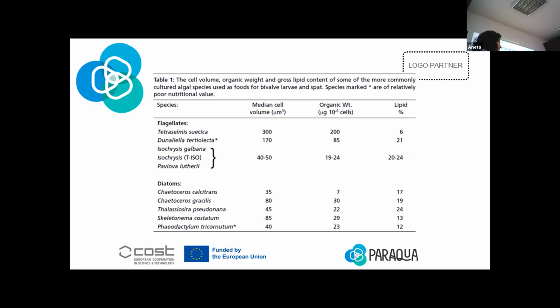Of course, we are investigating and introducing some new ones. This is just an example, but an example of still the most used algae in aquaculture. What we need to know is cell volume. Why do we need to know it in aquaculture? Because we need to calculate the diet of algae.